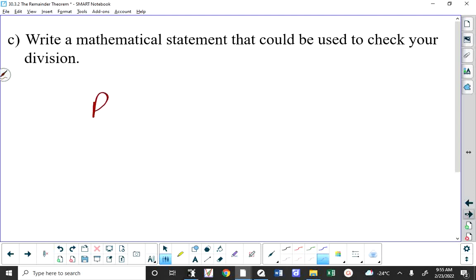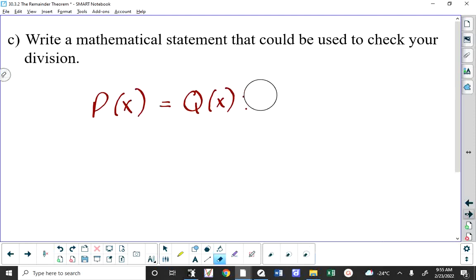I'm just going to say that the polynomial should be equal to the quotient times the divisor plus the remainder. Just like when we divided 20 by 3, 20 was equal to 6 times 3 plus 2. We're not going to spend time writing that out.